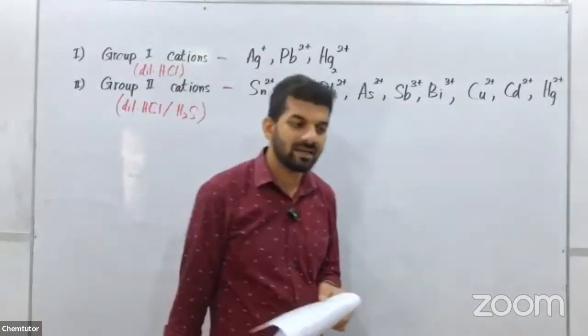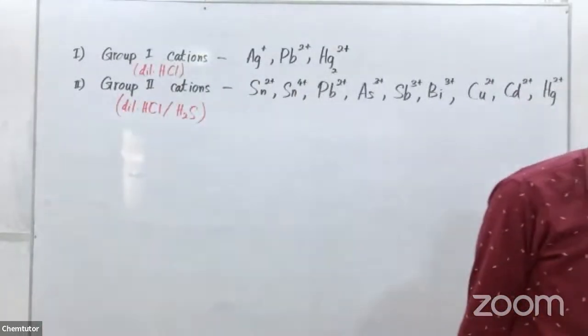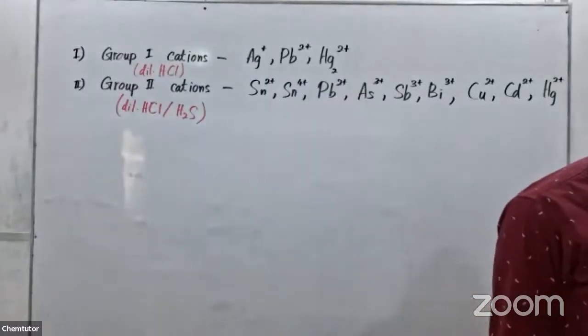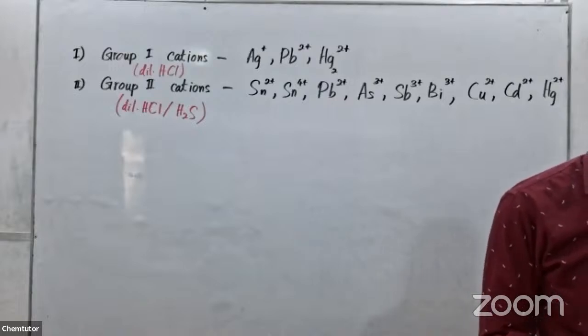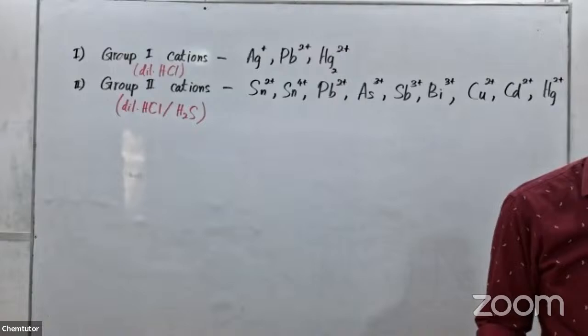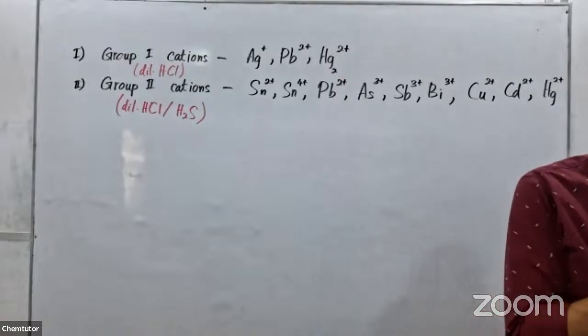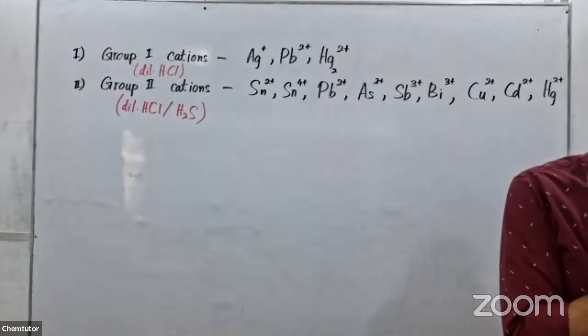Then lead sulfide is a black color precipitate. Then we have arsenic. Arsenic sulfide is yellow in color. Antimony sulfide is orange in color.